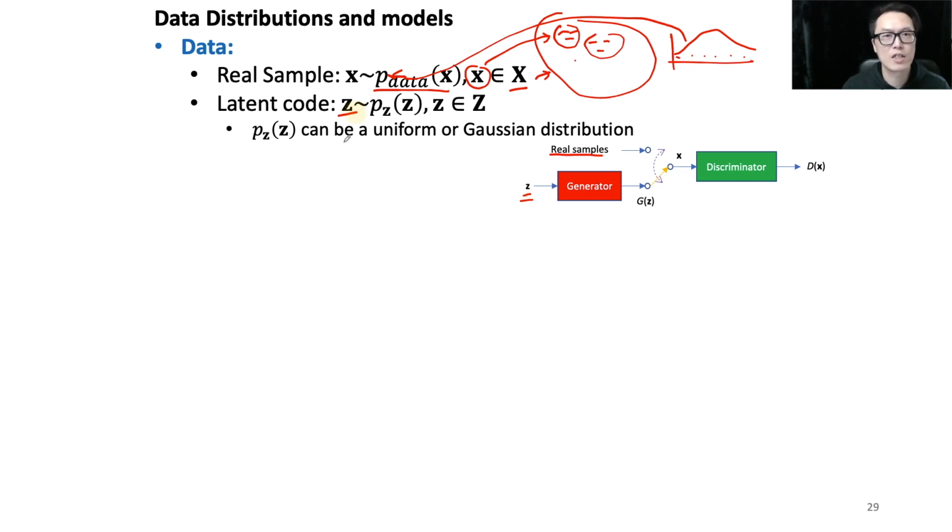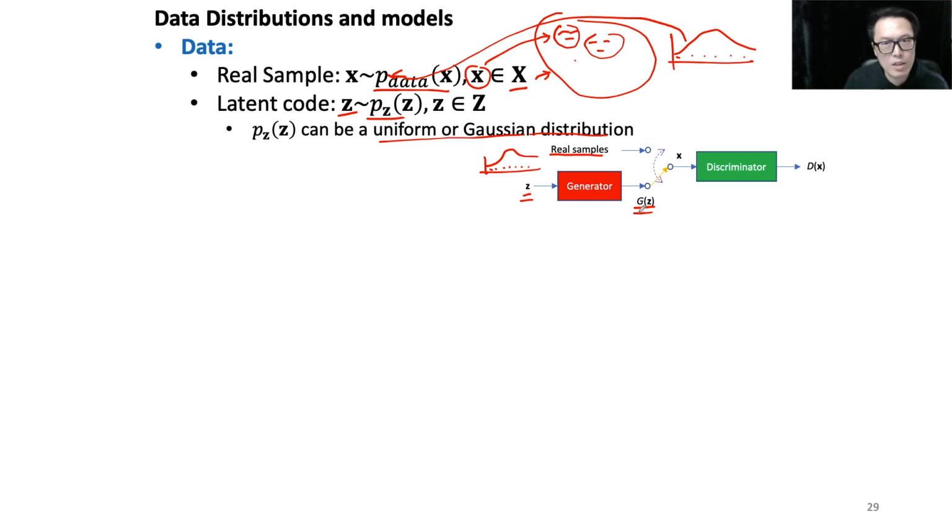Latent code Z is randomly drawn from PZ, another data distribution, usually a uniform or Gaussian distribution. It means that Z is random noise. We draw from the Gaussian distribution to come up with this Z, and then this Z will give you the output image or output sample denoted by G(z).